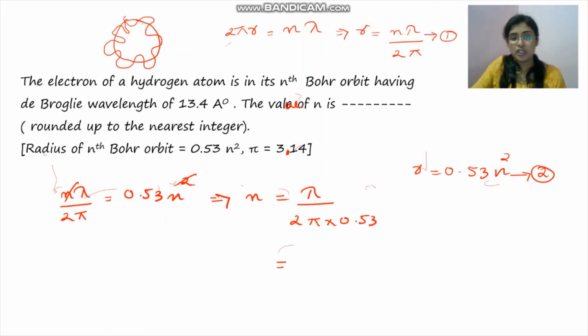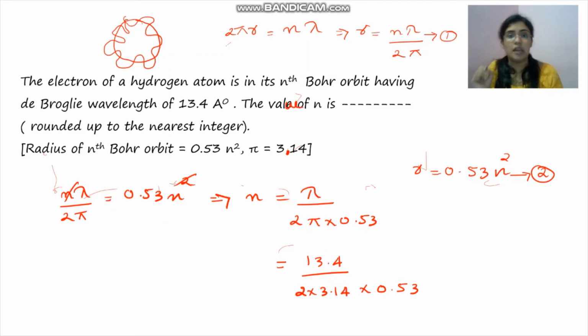Now substitute the values: lambda is given as 13.4 Armstrong, divided by 2 into pi, which is 3.14, into 0.53, which is also in Armstrong.